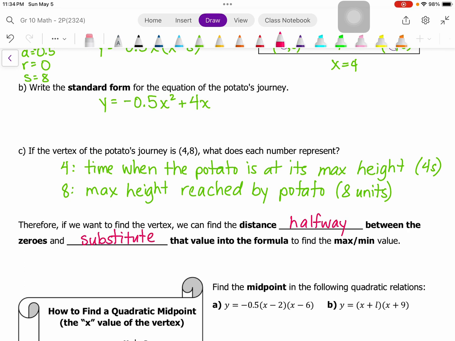So for example, if I wanted to solve for my y value, for my vertex, I can sub in the x value, times, oh, sorry, missing a plus here.